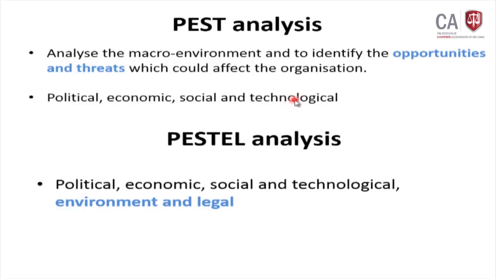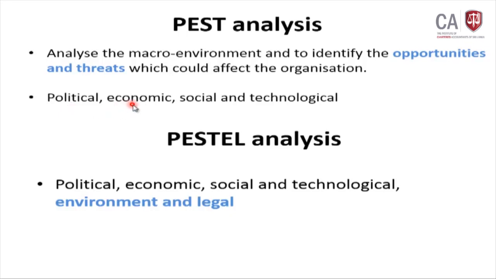That can affect the organization badly, but there can also be so many opportunities that come with the technological implementation. And on the political ground, there can be so many threats because of political influences, and also, let's say, a government change. Sometimes that can be a threat for your organization.